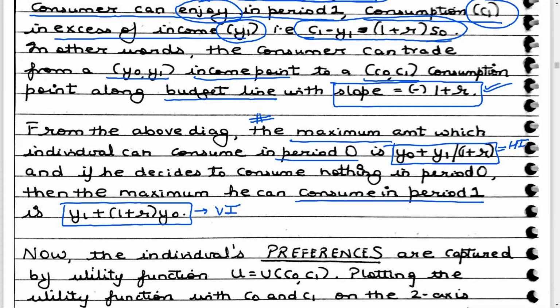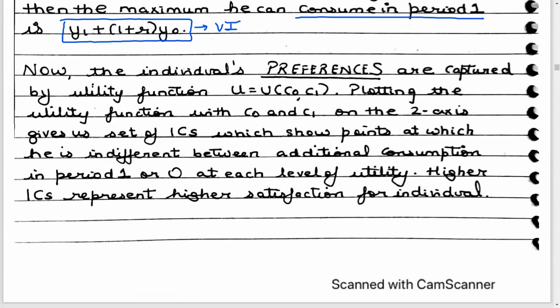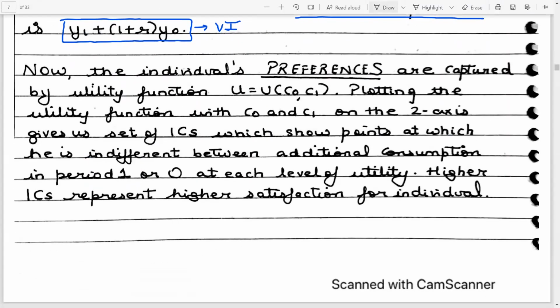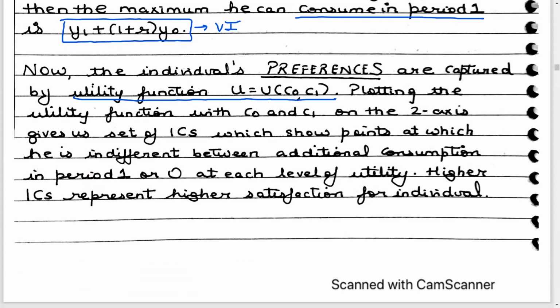Now comes the individual's preferences. Now individual's preferences are captured by the utility function. So I can say utility is a function of C0 comma C1. Now we have done the concept of indifference curves before.